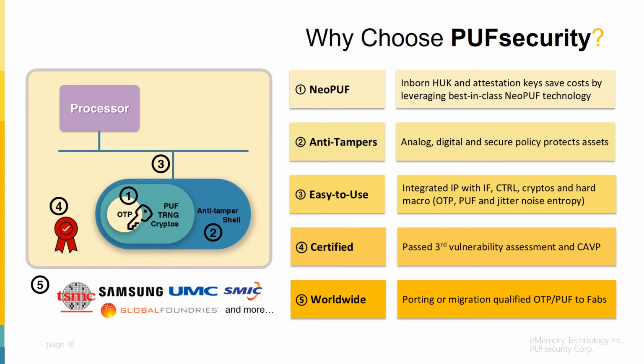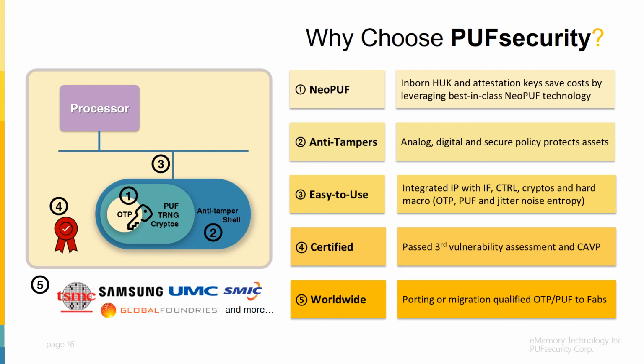This is the summary page. I want to emphasize again the advantages of using PUF and PUFiot security solutions. First of all, PUF Security's products can provide on-chip HUK, private and public keys without a costly secured clean room.